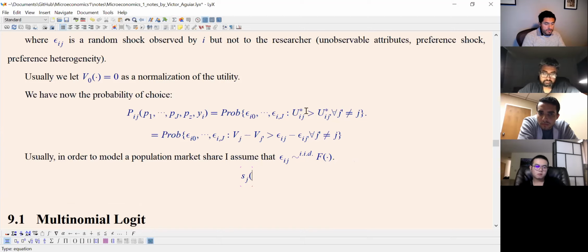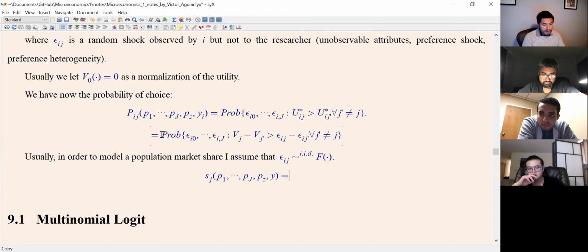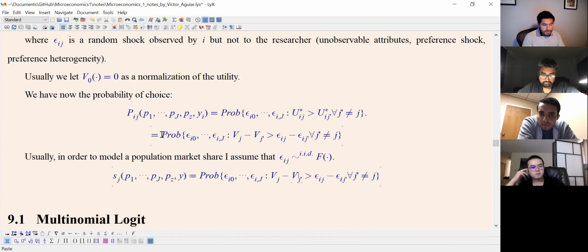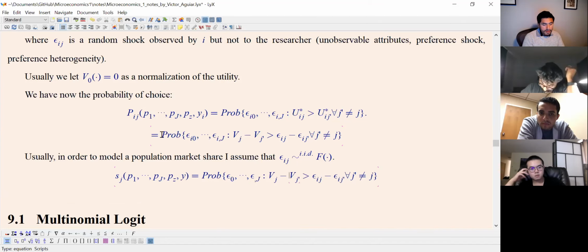For this, we're going to obviate attributes now, just keeping prices and the vector of income. Given that we have IID distributions, it's going to be this object here. And these are random variables; they are no longer indexed by i, because all of them are identically distributed. So we're just going to write this thing.